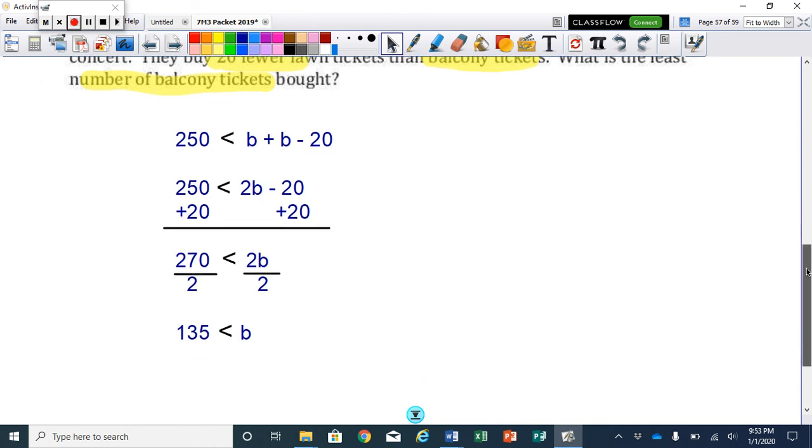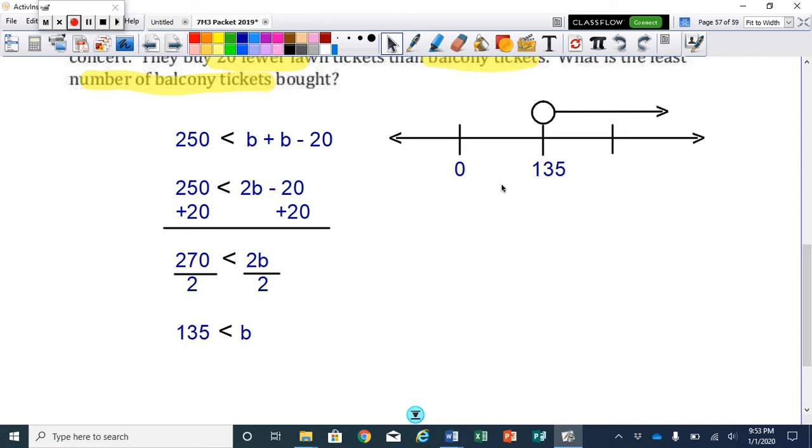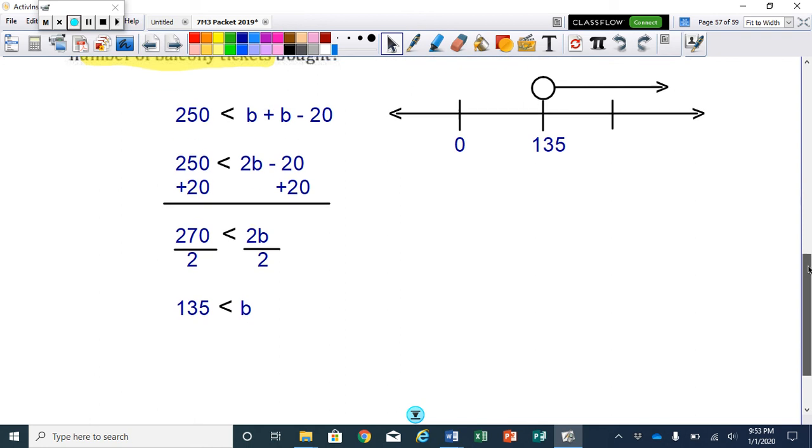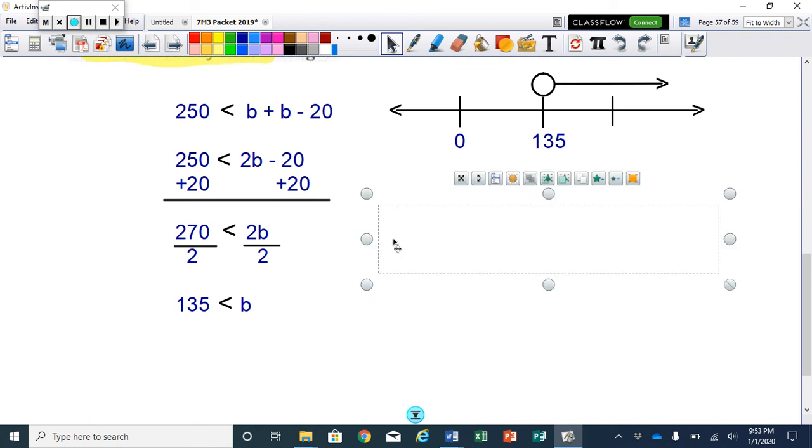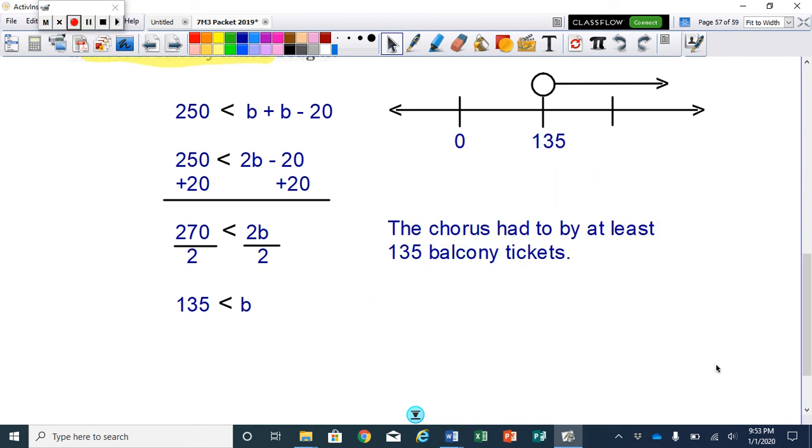I get 135 is the least amount of balcony tickets they bought. So to graph that, it needs to be an open circle because it's a less than. B has to be more than 135. So my balcony tickets has to be more than 135, so it points to the right. And the chorus had to buy at least 135 balcony tickets.